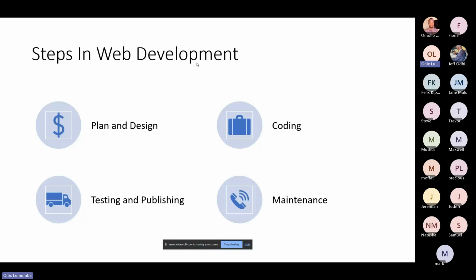Testing is where one will check for bugs, check for usability, let's say the learnability of the system, how user friendly it is. So at the testing phase, you'll know all about the system or the website that has been developed.